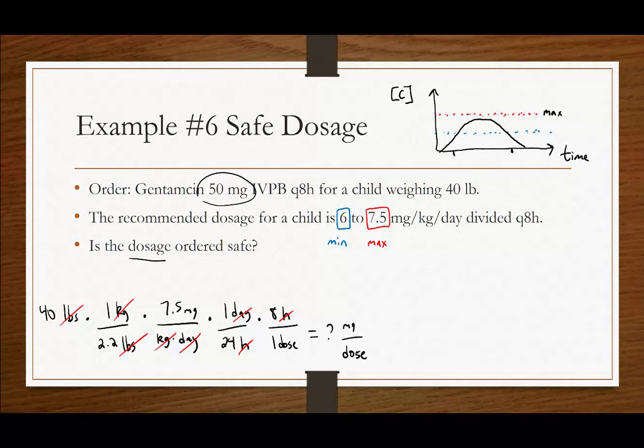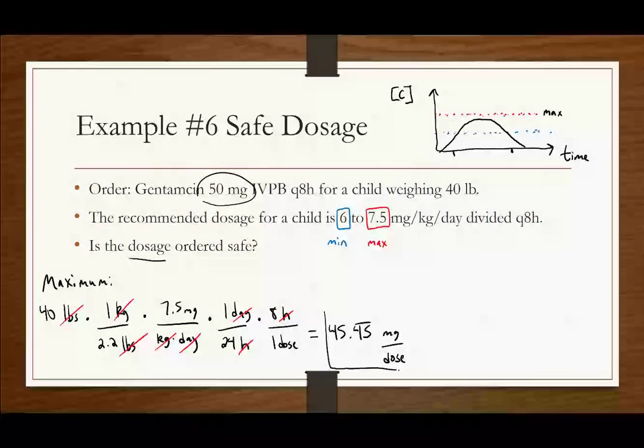If we do the computation here, what we'll find is that we end up with a repeating decimal actually. So we end up with 45.45 repeating milligrams given per dose. Again, this is the maximum amount we want to give at any particular time.